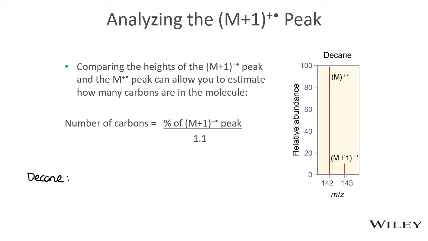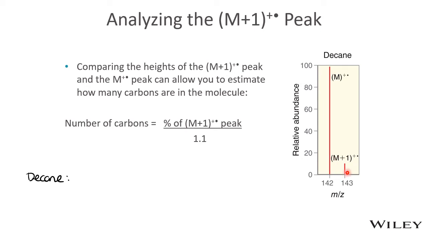Now if we take a look at our molecular ion peak, it's almost to 100. We could say it's probably about 98 or 99, but we can just round up and say 100. Now if we look at the M+1 peak, the M+1 peak is about 10 to 11% of this molecular ion peak.